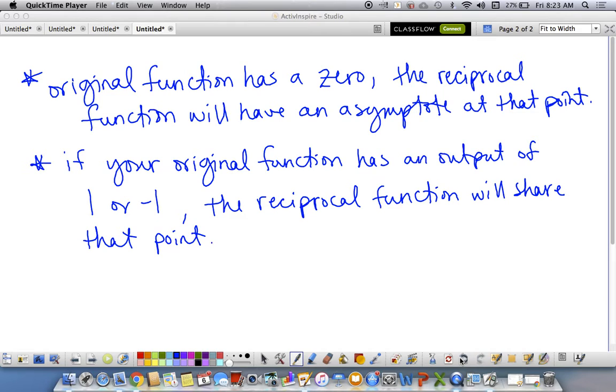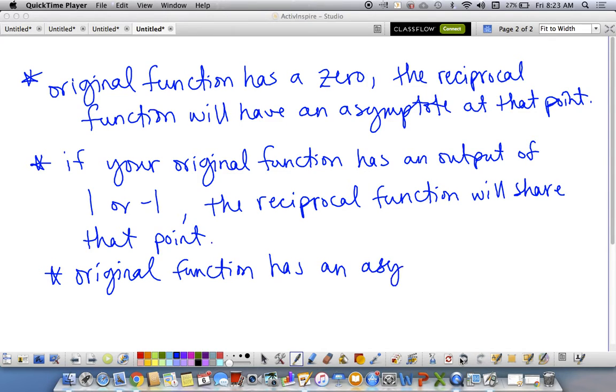I'm going to connect it to the first one. It didn't happen in sine or cosine because they don't have asymptotes. Original function has an asymptote.